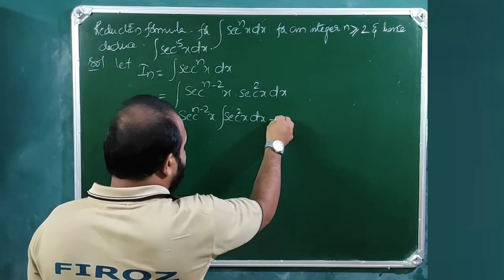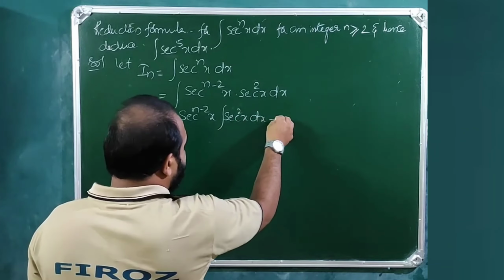So this is equal to cos power n minus 1 x into sin power m plus 1 x by m plus 1 plus n minus 1 by m plus 1. This is integral cos power n minus 2 x into sin power m x into 1 is cos power n minus 2 x into sin power m x, minus cos power n minus 2 x into sin power m x into cos square x.